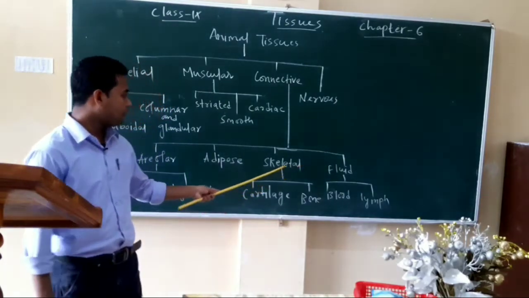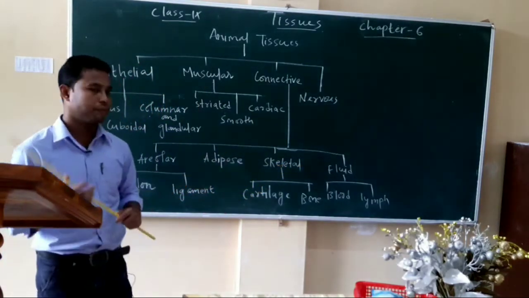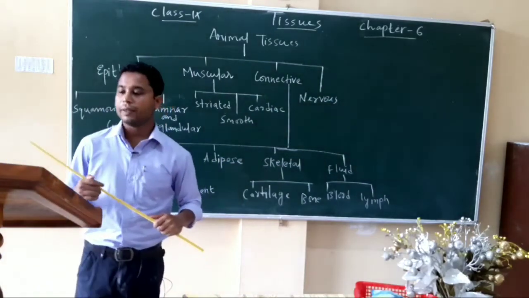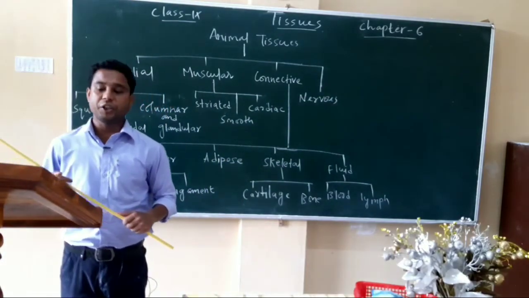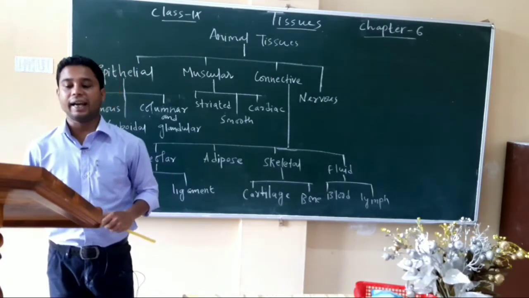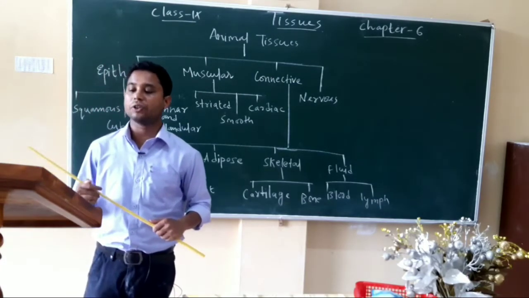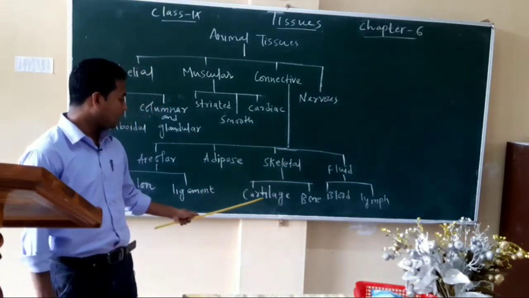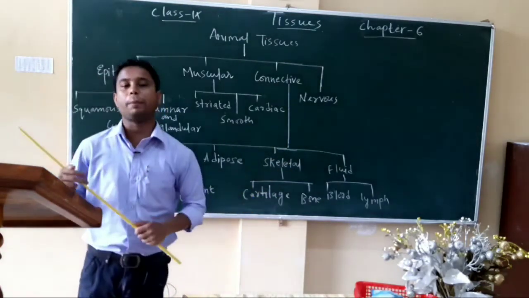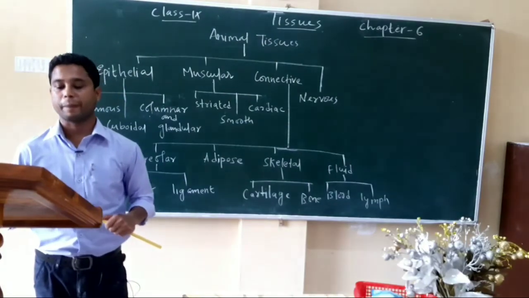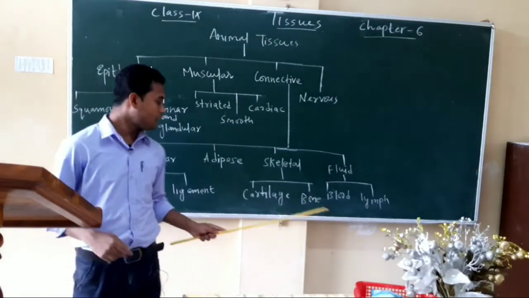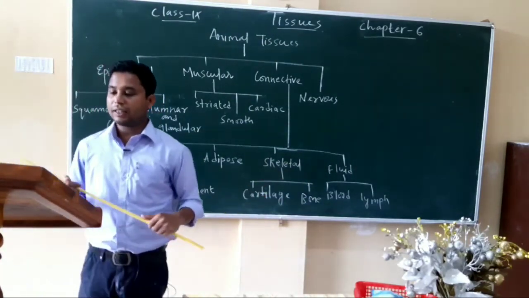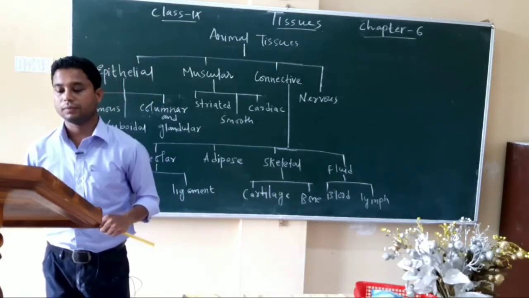Then, the next type of connective tissue is skeletal tissue. The skeletal or supporting tissue includes cartilage and bone, which form the endoskeleton of a vertebrate body. So, it is supporting tissue. Now, what is cartilage? Cartilage has widely spaced cells.